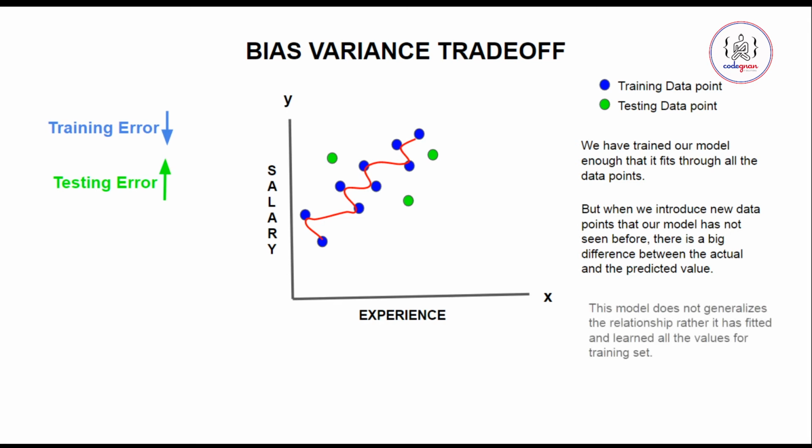This model does not generalize the relationship; rather it has learned all the values in the training set, so it hasn't produced a generalized model capturing the relationship. So we have high variance, and this is not the desired result that we want from our model either.